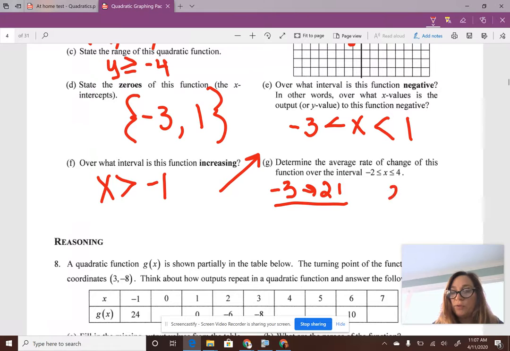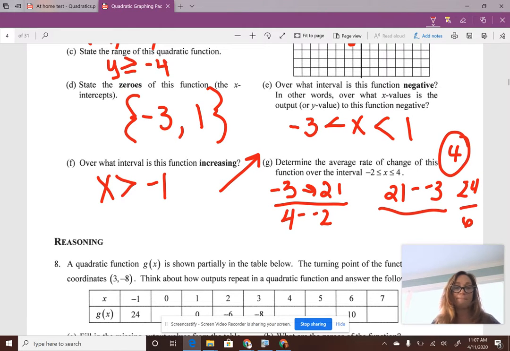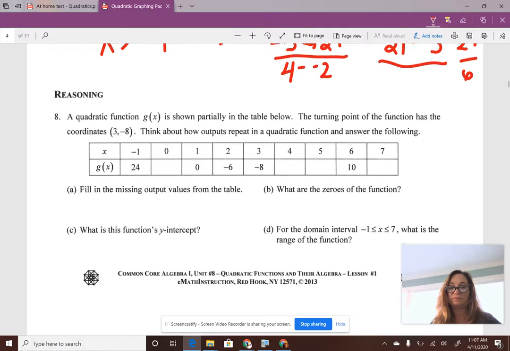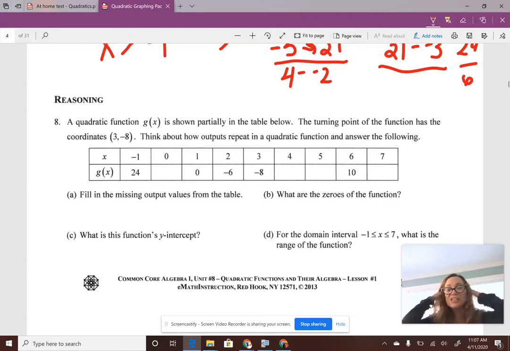So I do 21 minus a -3, which equals 24. And it goes from 4 to minus a -2, which is 6, which makes that 24 divided by 6 equal to 4. Okay, pretty cool stuff.